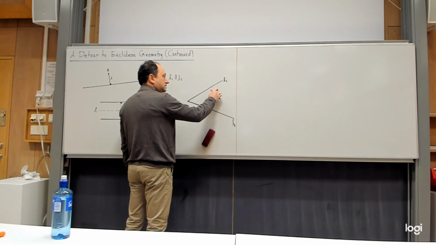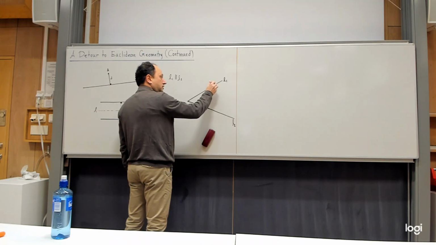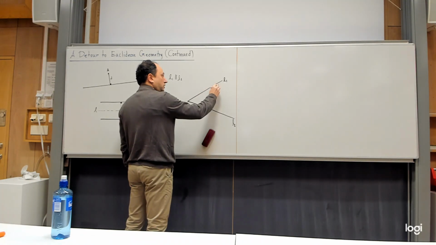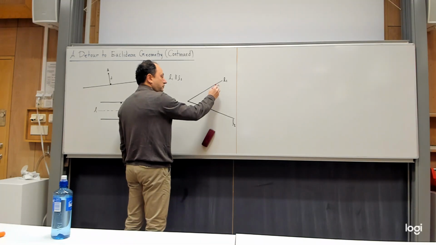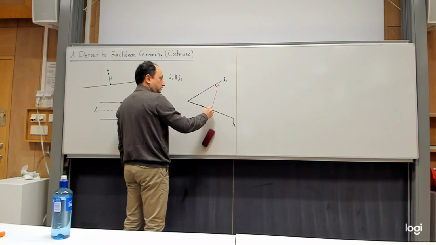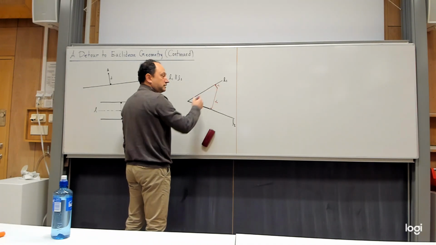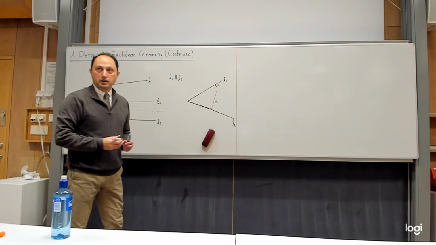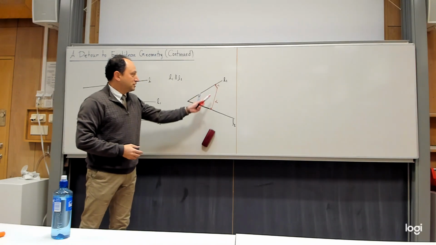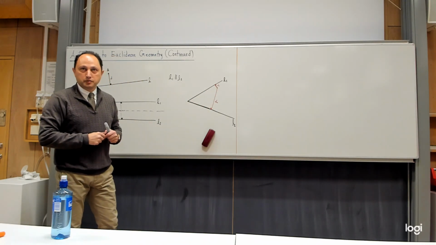Because for the distance from this point to this line, I have to draw a perpendicular line. This would be distance D1. And the distance from this point to the other line, I have to draw a perpendicular line. This is D2. And clearly D1 and D2 are not the same size. So this point is clearly not one of those points.